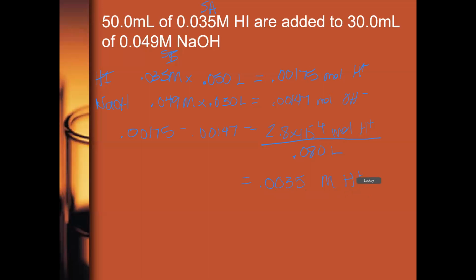Since we have hydrogen, we can plug that into our pH formula. And we get that this is going to be a pH of 2.46. So since we had hydrogen ions left over, this is more on the acidic side.